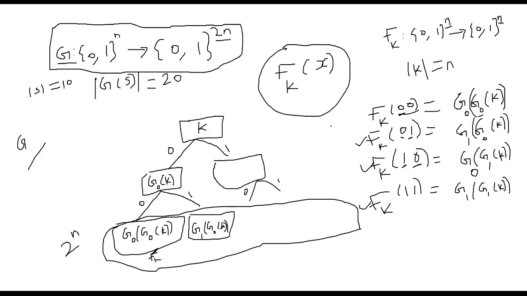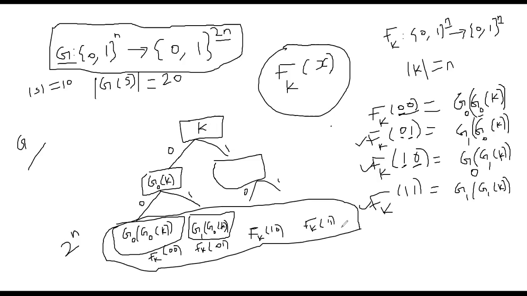This leaf node denotes the value of the point 0, 0 in binary, and this one denotes fk of 0, 1, right? And this will be fk of 1, 0, and this last node will be fk of 1, 1. So there are 4 nodes, and we evaluated all possibilities.